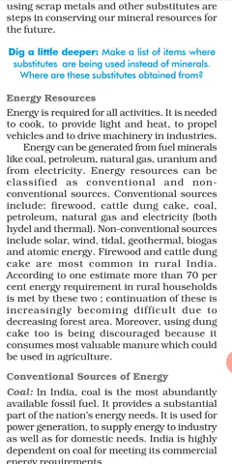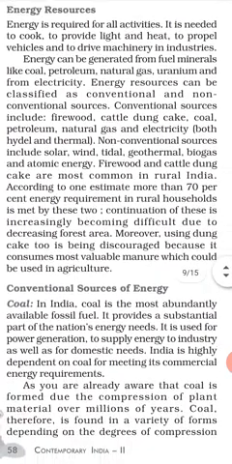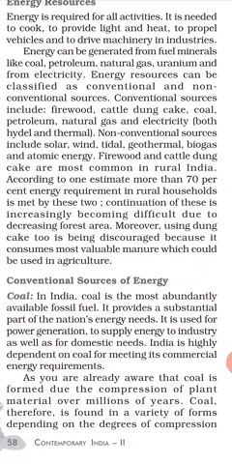And firewood and cattle dung cake, which are conventional sources of energy, are most common in rural India. According to estimates, more than 70% of energy requirement in rural households is met by these two, firewood and cattle dung cake.